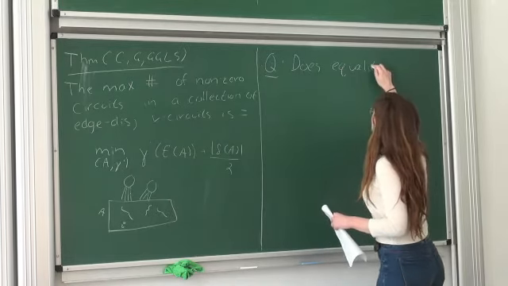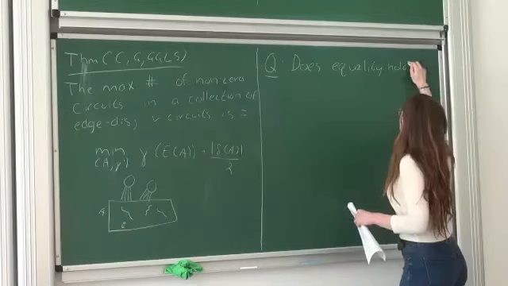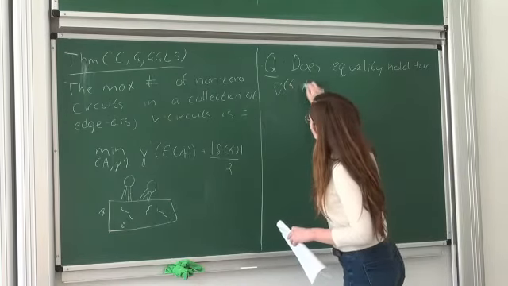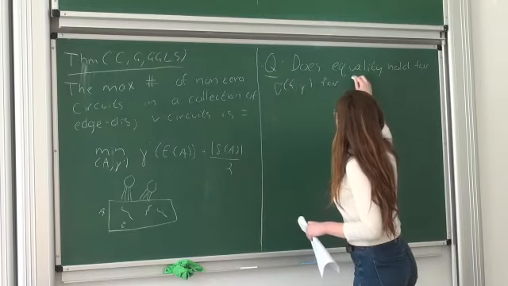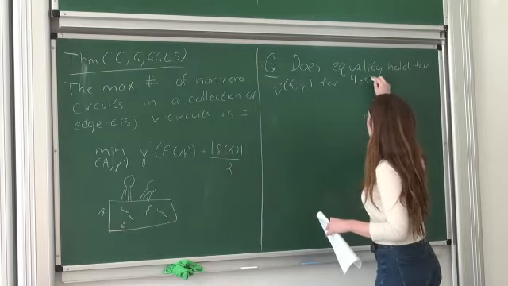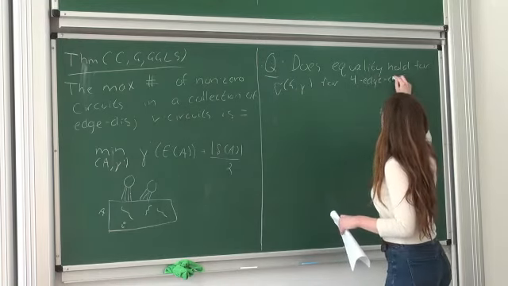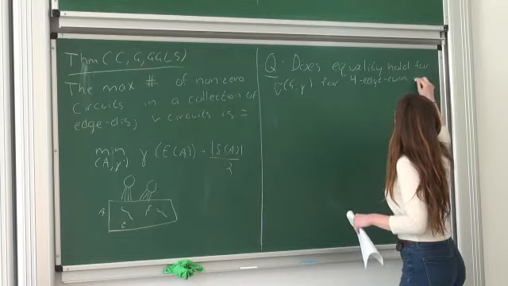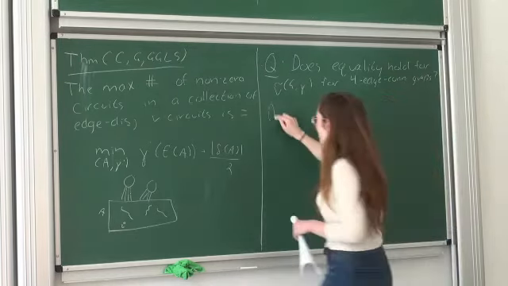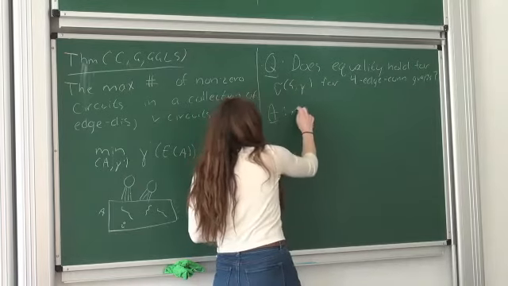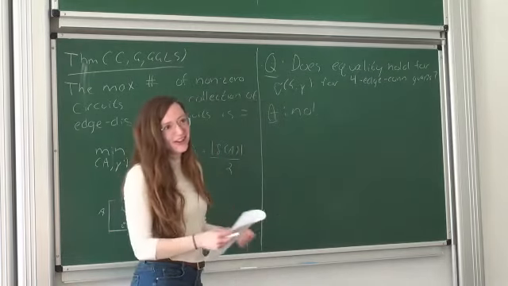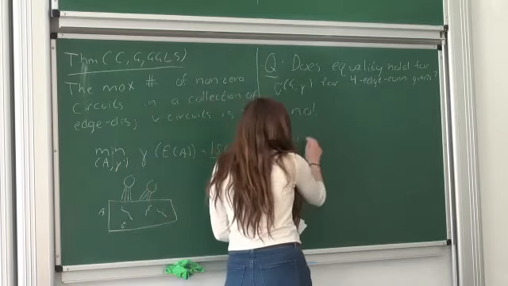Does this equality hold for the flooding number for graphs with no two edge cuts, which are called four edge connected graphs? So you might already expect from the way I worded this that the answer is no, but let me write out an actual example of what can happen.